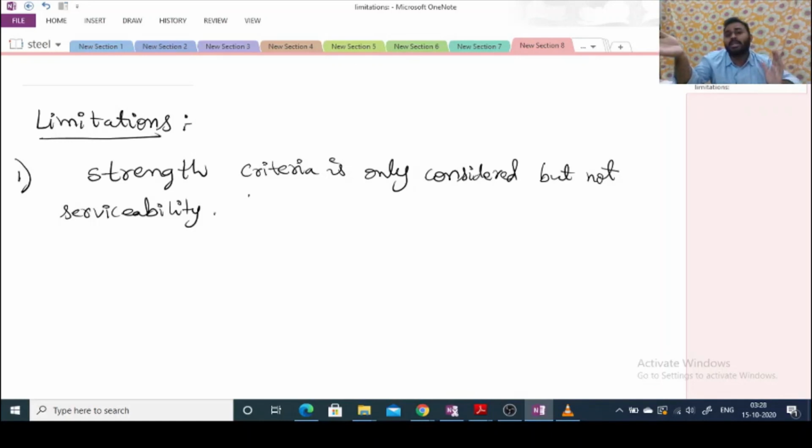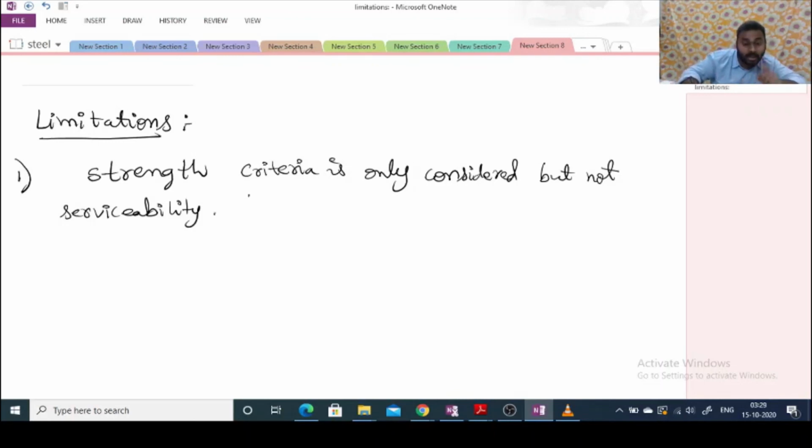Whenever we are designing, both strength and serviceability, or you can say safety and serviceability, are to be taken into consideration. In the previous method, the working stress method, only serviceability is considered. In this plastic method, only strength is considered. That is why it is a limitation.